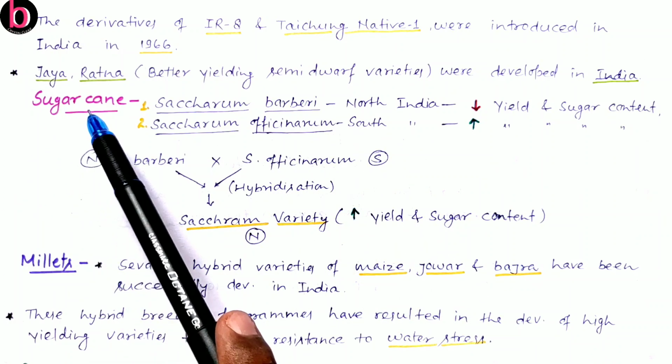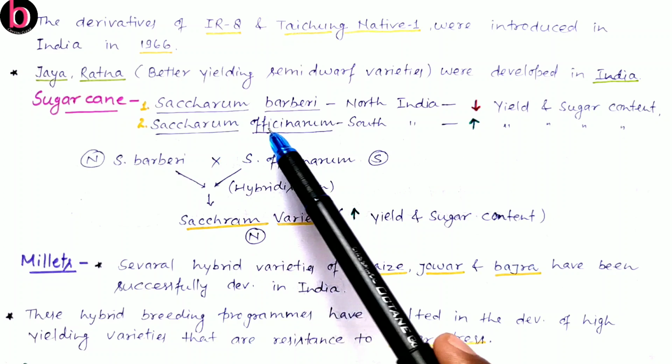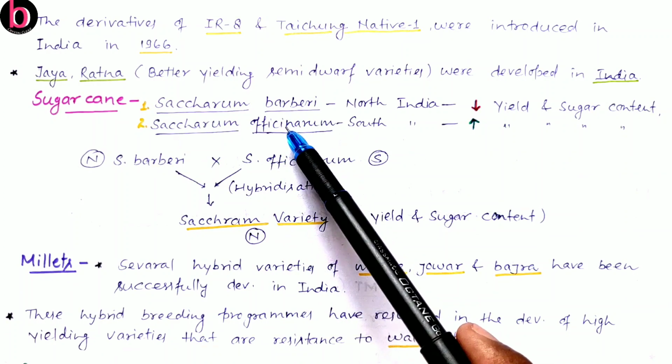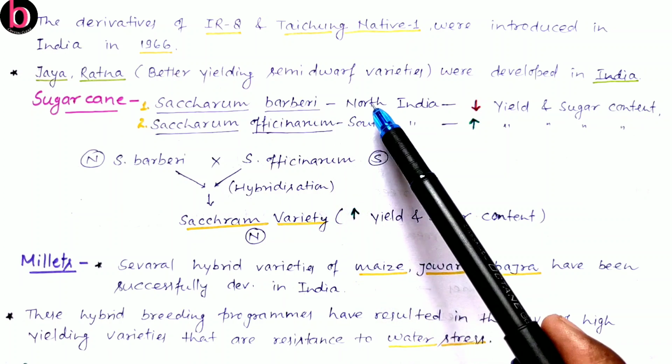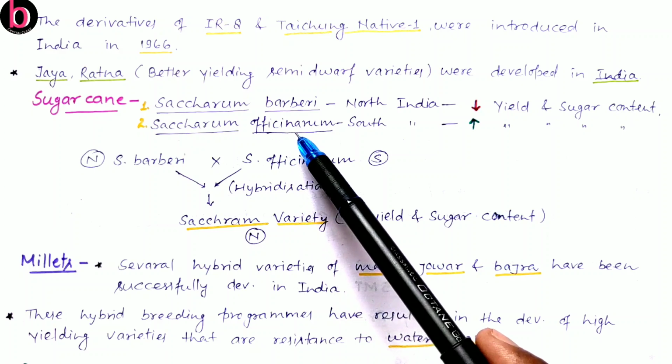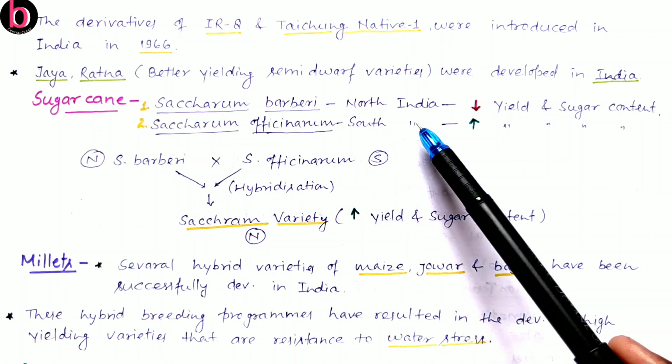Next is sugarcane. Saccharum barberi and Saccharum officinarum are two species of sugarcane. Saccharum barberi was especially grown by farmers in North India, while Saccharum officinarum by farmers in South India.